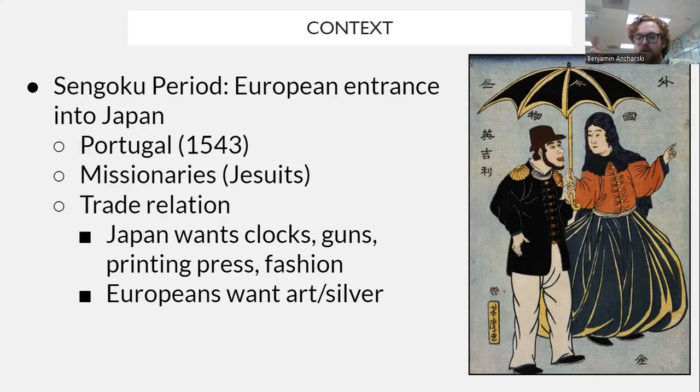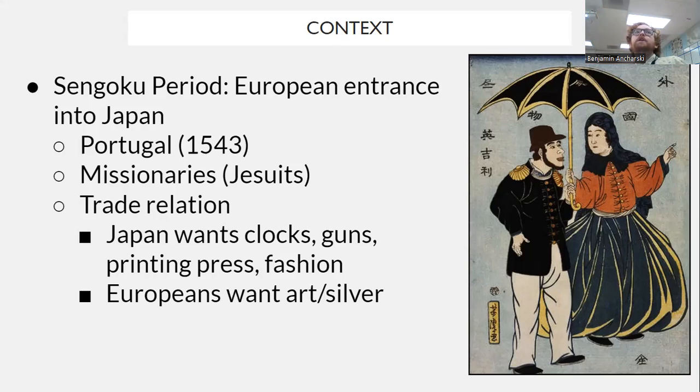This is the big thing Japan wants, especially during the Sengoku period, because European firearms are going to be the reason Japan was unified in the first place. The desire for improved European firearms is something Japan really wants from Europe, and that use of firearms is going to help unify Japan as a result of the efforts of the Oda clan.